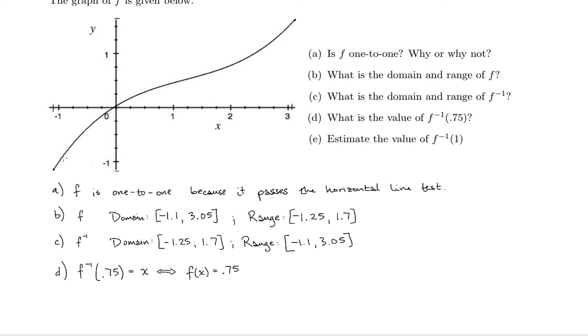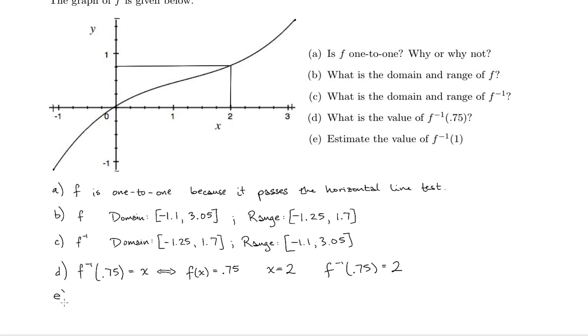So here's my graph for f, so I find where's my output, 0.75, and connect that over to our curve, and then connect that down. And that connects down right there at 2. And so this happens for x equals 2. Meaning, of course, that f inverse of 0.75 is equal to 2.